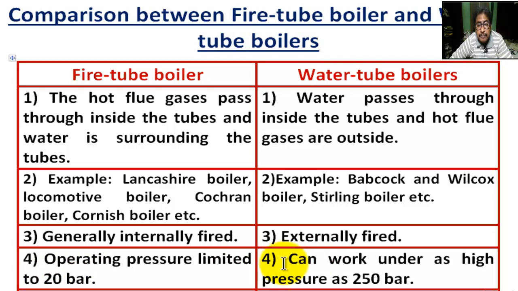Water tube boiler can work under as high pressure as 250 bar. The working pressure is high enough, up to 250 bar in supercritical boiler. Okay.